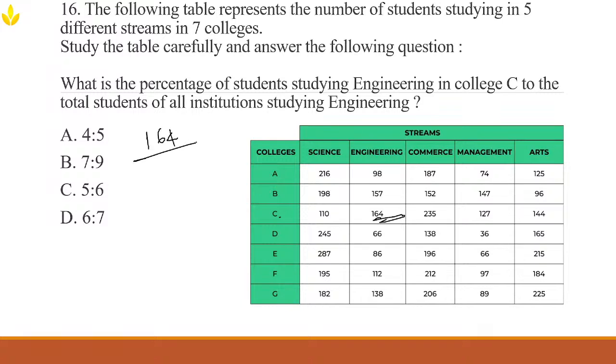So that will be divided by the total. Total is 98 plus 157 plus 164 plus 66 plus 86 plus 112 plus 138. That gives you 829.